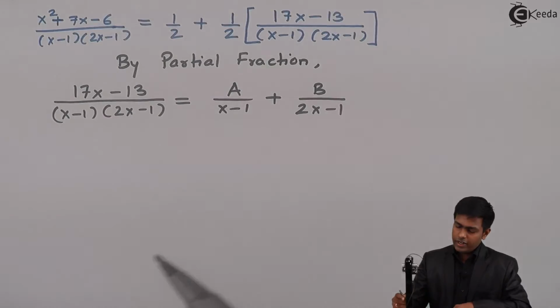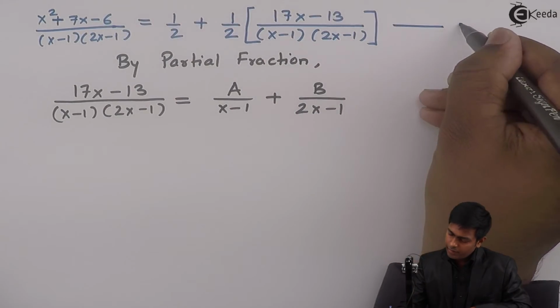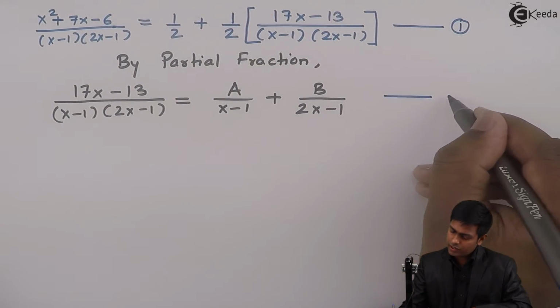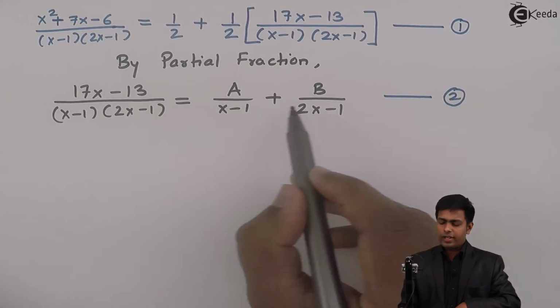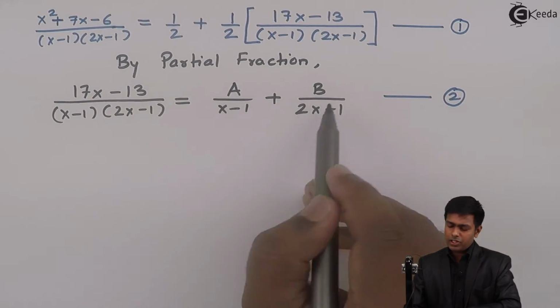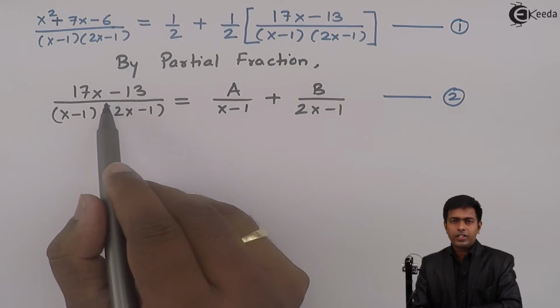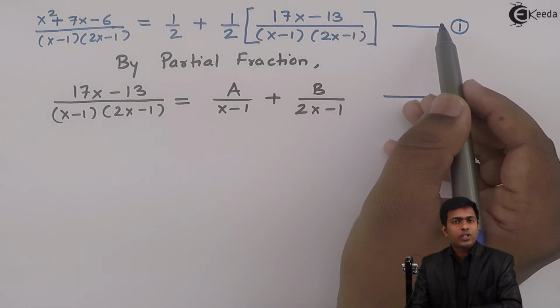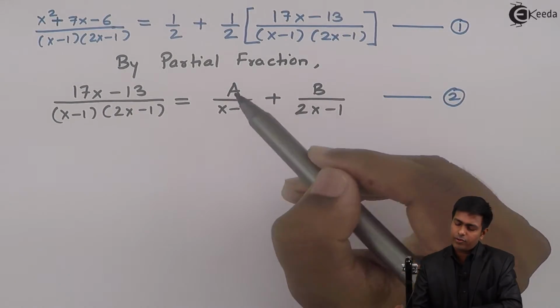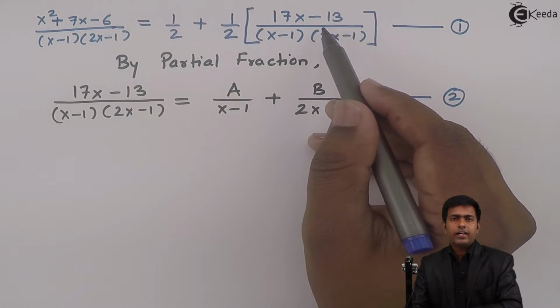Now we will say this as equation number 1 and this as equation number 2, and by solving equation number 2 we will get the partial fraction of this term, which is nothing but the bracket of our equation 1. So by substituting this value in equation number 1 we can get the final answer.